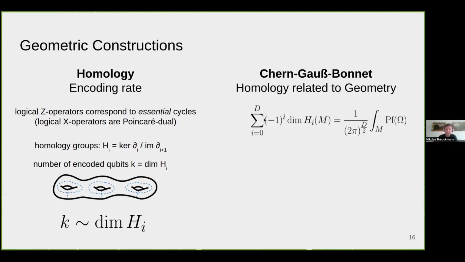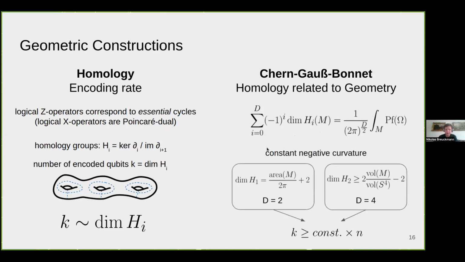It tells us that the Euler characteristic, the alternating sum over the dimensions of the homology groups, is the same thing as an integral over the Pfaffian of the curvature form. In particular, this simplifies if we consider constant negative curvature. Then the integral will just be proportional to the total volume of the manifold.